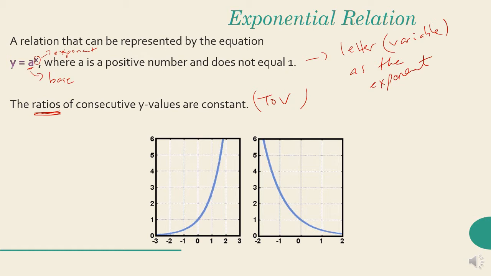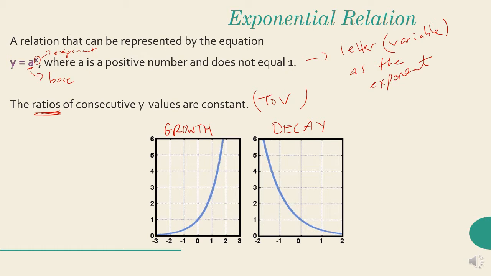Which one is increasing as you go left to right? The one on the left. So this right here is exponential growth. As you go left to right, if it's decreasing, that's exponential decay. The one on the right is decreasing. That's called exponential decay.